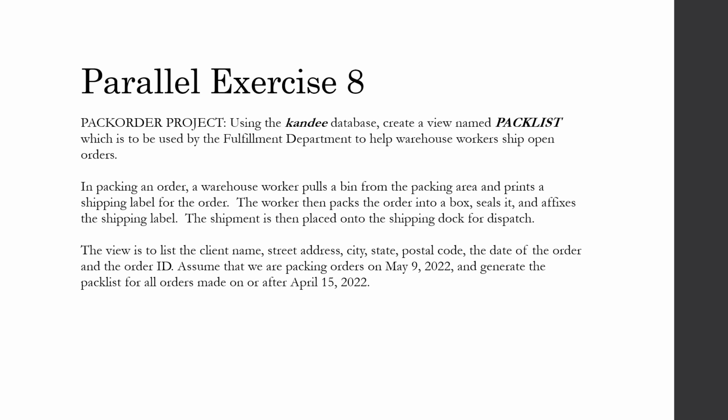The shipment is then placed onto the shipping dock for dispatch. The view is to list the client name, street address, city, state, postal code, the date of the order, and the order ID. Assume that we are packing orders on May 9th, 2022, and generate the pack list for all orders made on or after April 15th, 2022.